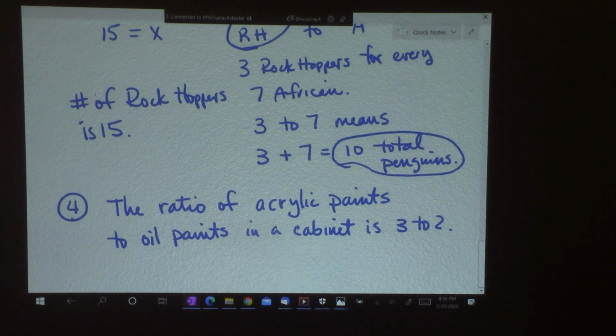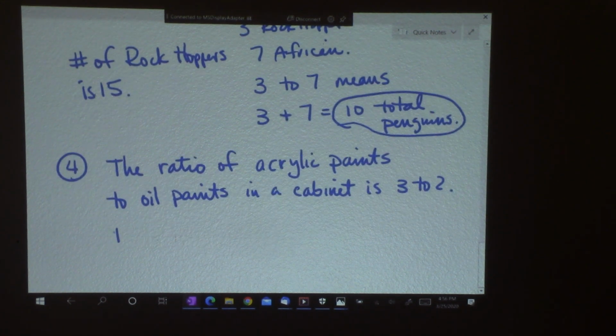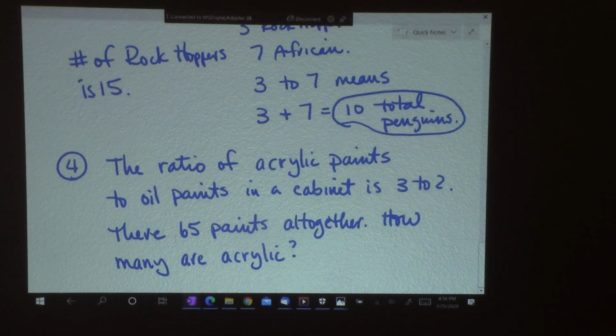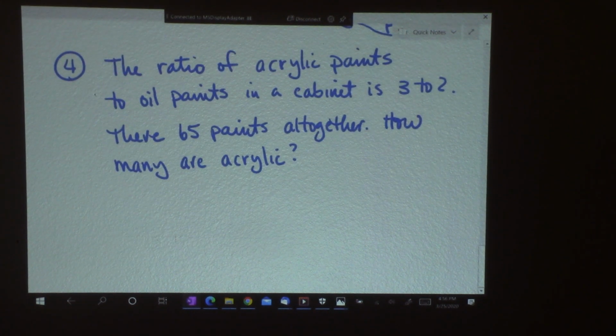That's my ratio. There are 65 paints all together. How many are acrylic? Okay, you go ahead and write that down.